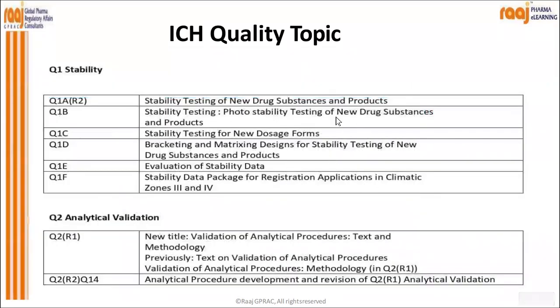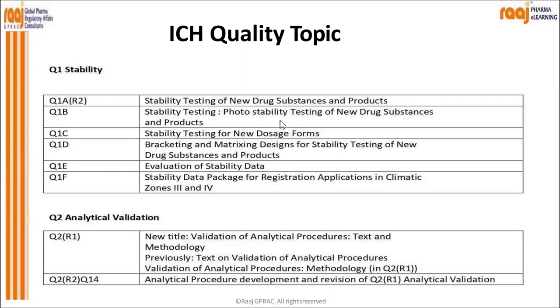Okay. So under quality, you are already aware of, familiar, I would say, about the stability, right? So Q1, again, Q1 is divided into, you can see Q1A, Q1B, C, D, E, F. Okay. So each guideline is important when you talk about stability testing for drug substance and drug product.